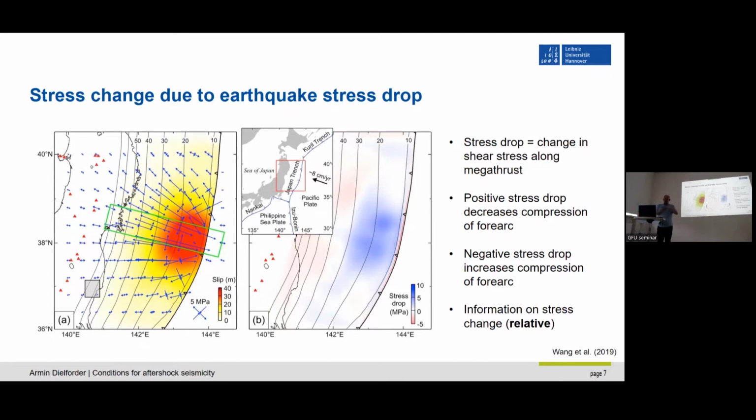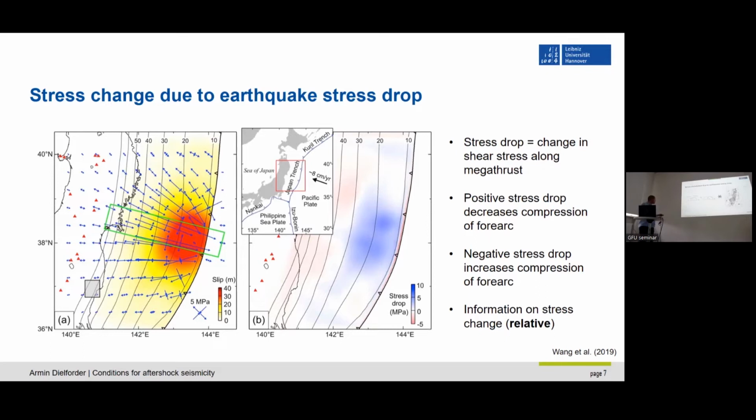In the main slip area, we have an effect called post-seismic weakening or velocity weakening, and it decreases the shear stress on the fault, which allows the rupture to propagate. And with the decrease of the shear stress, we also decrease the compression in the overlying forearc.